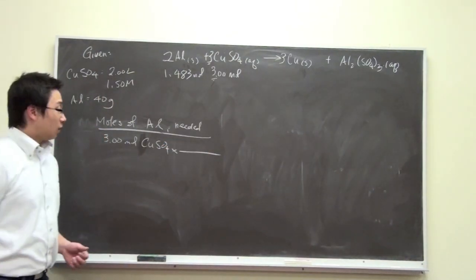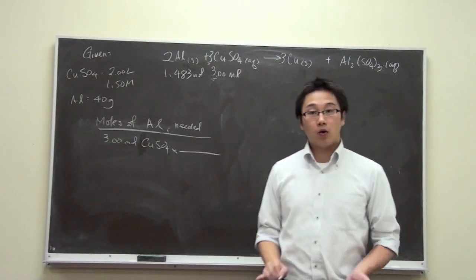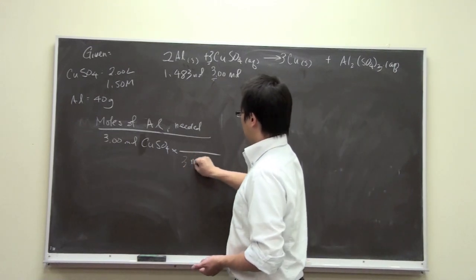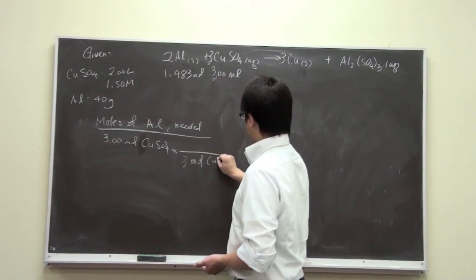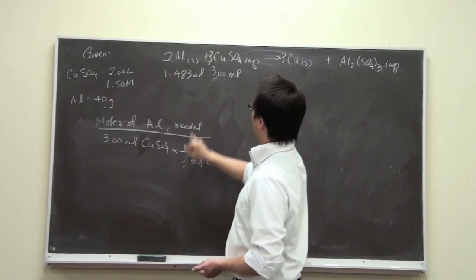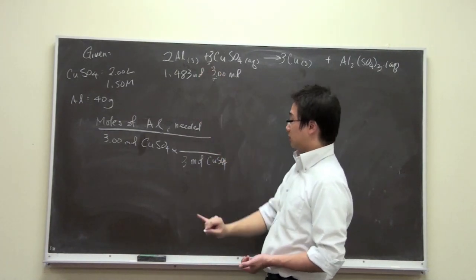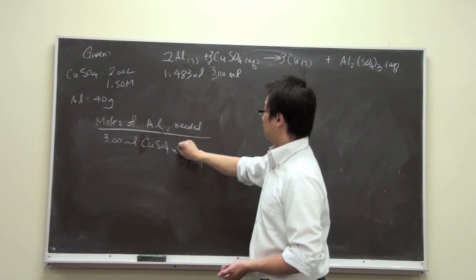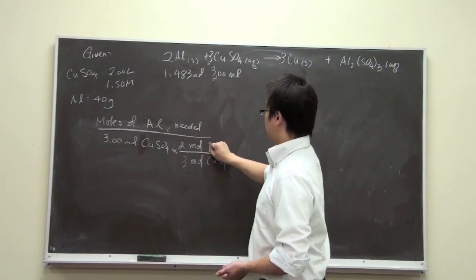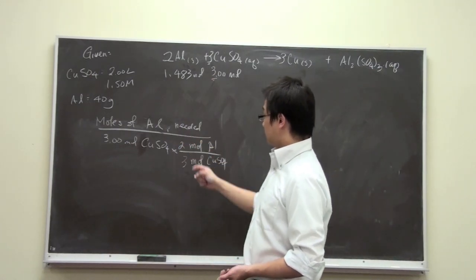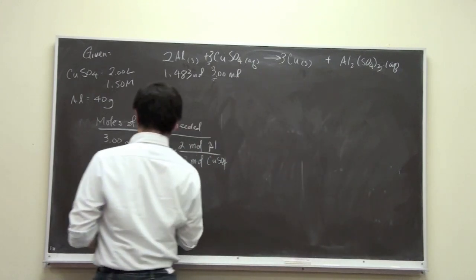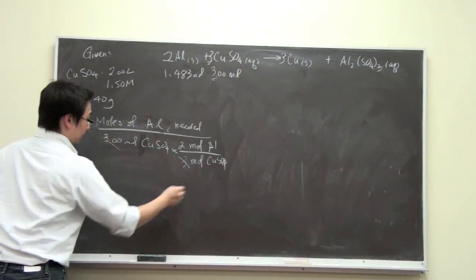And then we multiply by the mole ratio. So we have 3 moles of copper(II) sulfate from here, from the coefficient, not from the given amount. And then we have 2 moles of aluminum. So this is very simple.